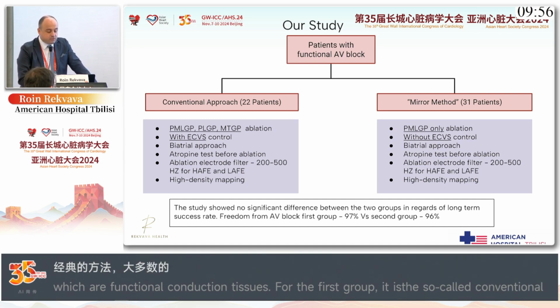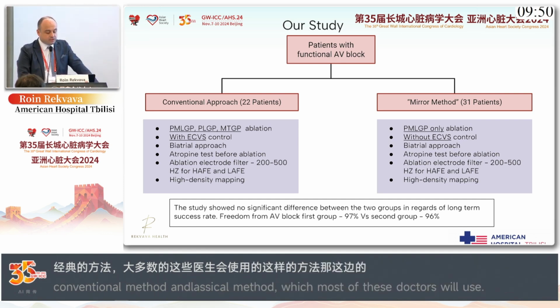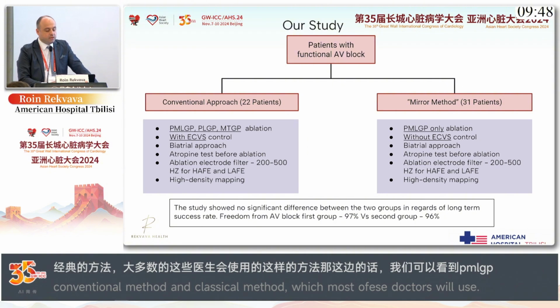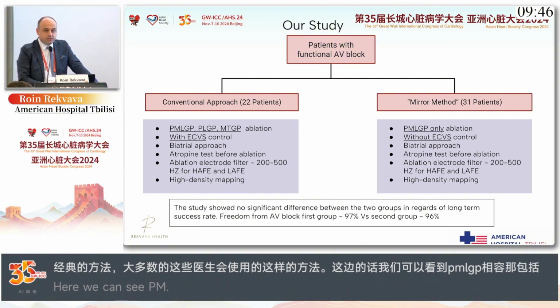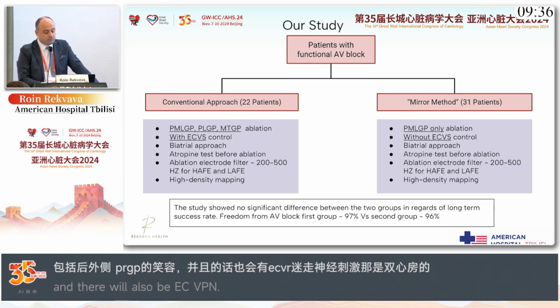It means posterior middle left ganglionated plexi ablation, posterior lateral ganglionated plexi ablation, and so on, with extracardiac vagal stimulation, a biatrial approach, and an atropine test that we always perform before and after ablation.